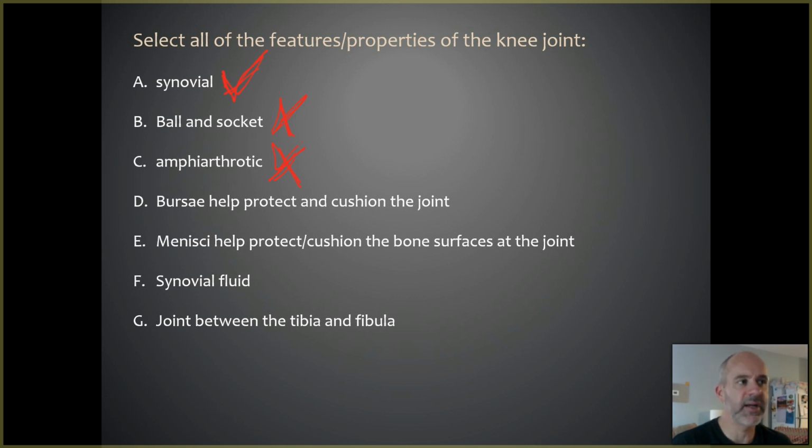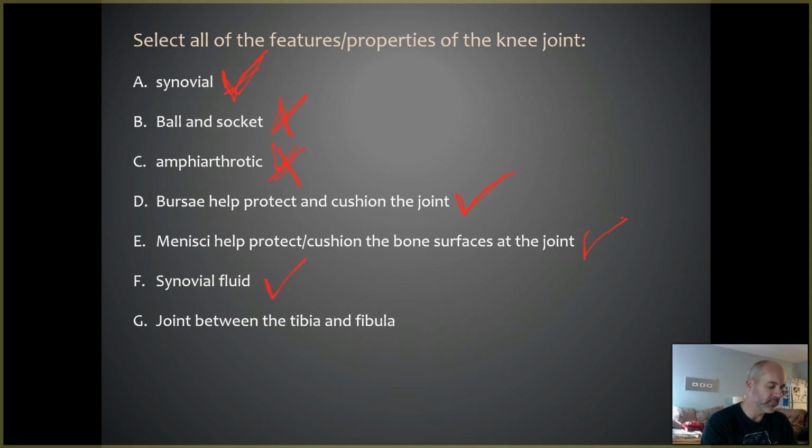Bursae help protect and cushion the joint. Yes, you've got bursae around the knee joint, more than one. And remember, bursitis, you'll hear old people talk about how their bursitis is acting up. That's an inflammation of a bursa or bursae around a particular joint. The menisci help protect or cushion the bone surfaces at the joint. Yeah, we just talked about those a little bit earlier. Do you have synovial fluid?